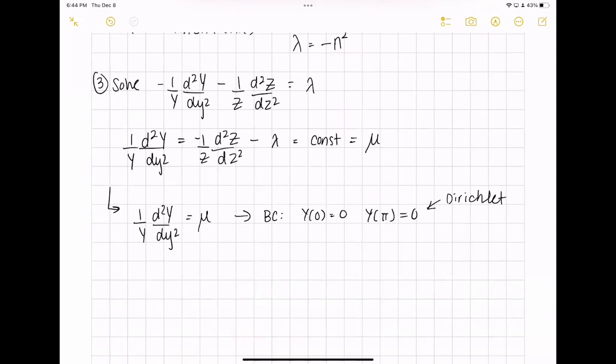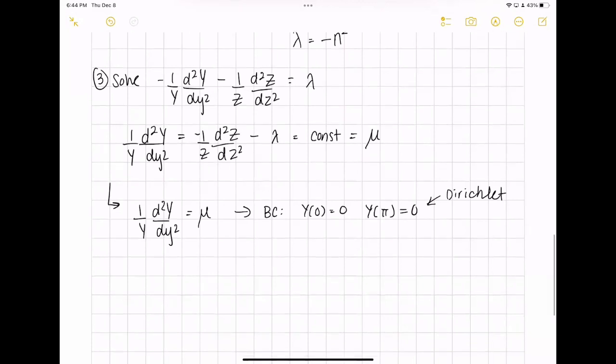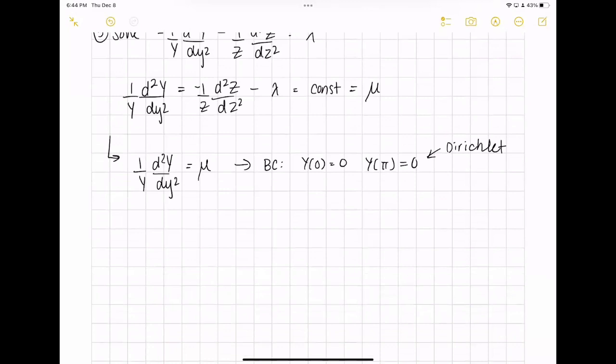So this just all happens to be Dirichlet for simplicity, but just know that you can also encounter different types of boundary conditions. And so we know that for this eigenvalue equation, for non-trivial solutions, mu must be negative, and it'll give us this expression. And now we are using k just to differentiate it from the previous one.